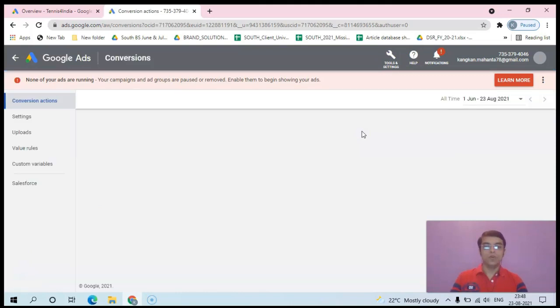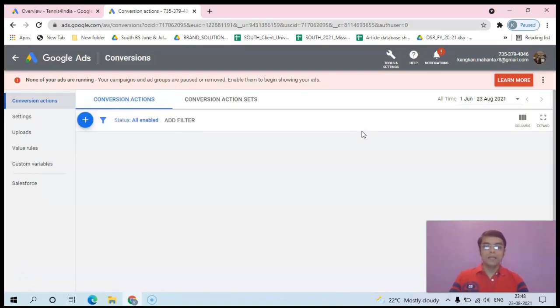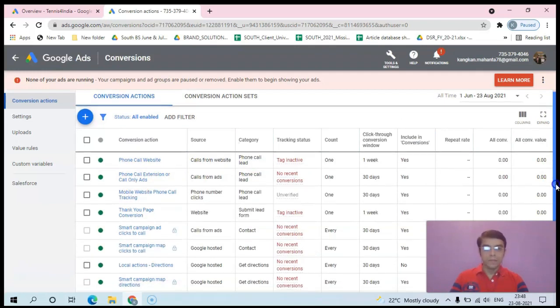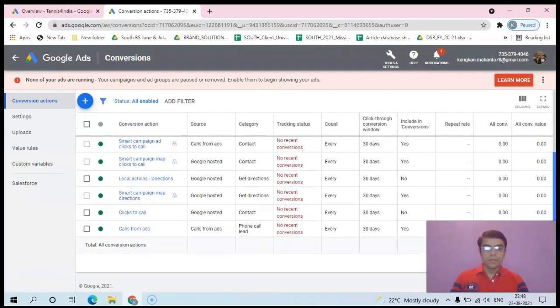Then it opens up all the conversion actions that I had made. So now you'll see the entire list of conversion actions that I had made.